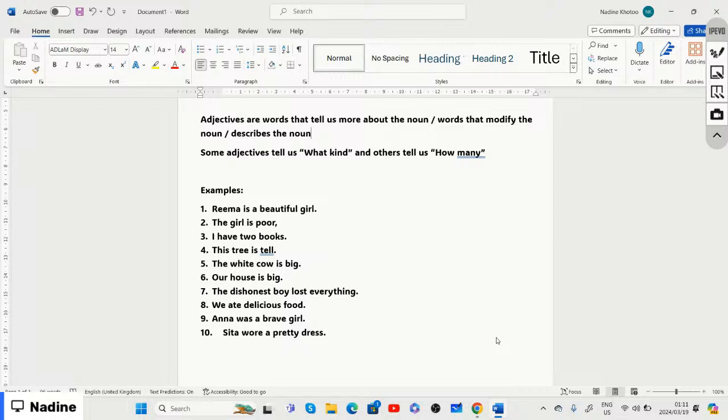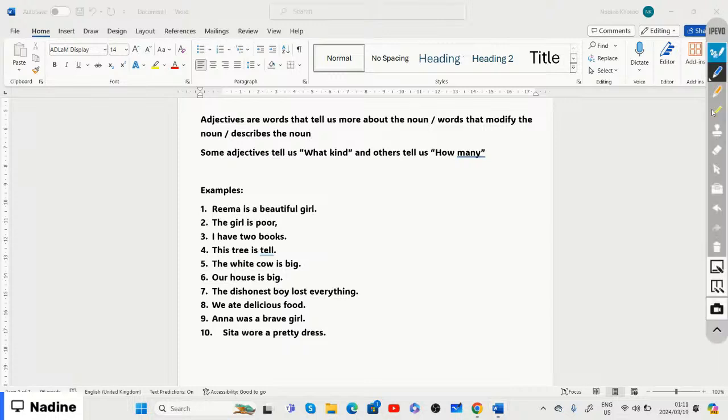So if we look at an example of a sentence, we're going to identify the adjective within that sentence. It says, Rima is a beautiful girl.